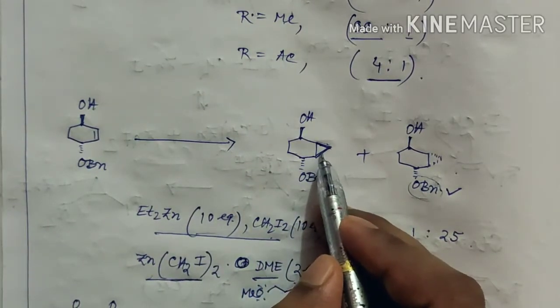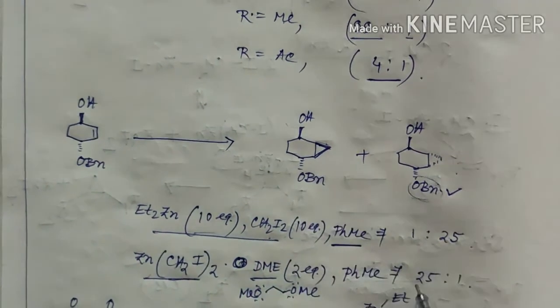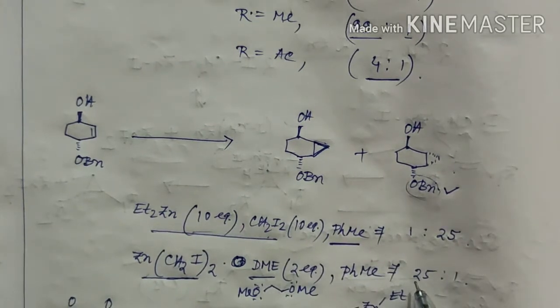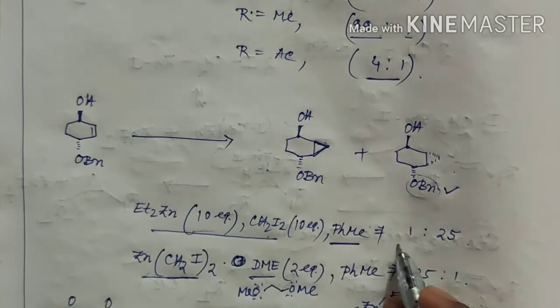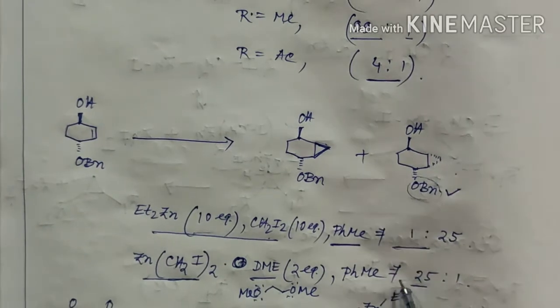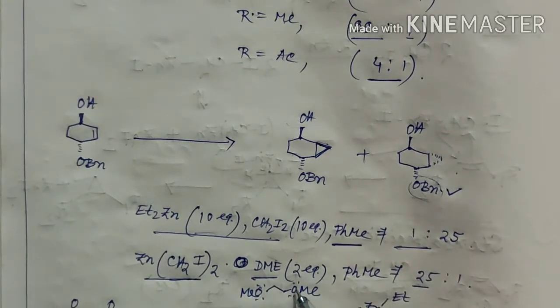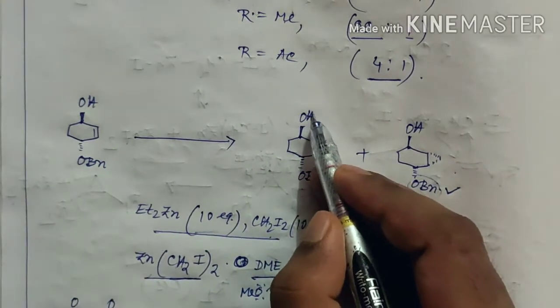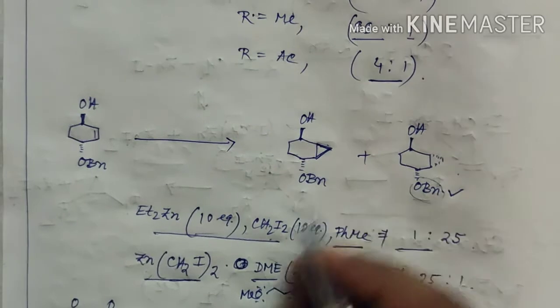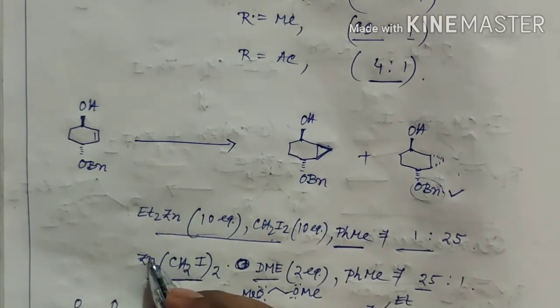So cyclopropane ring formation will occur from above the plane, and the diastereoselectivity is just reversed compared to the previous case. This reverse diastereoselectivity may be due to the coordination of this oxygen lone pair with the OH group as well as with the zinc metal center.